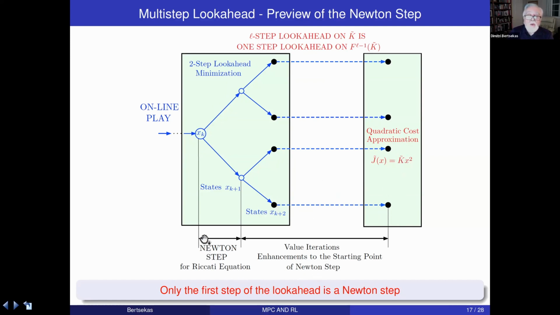Now, the Newton step is just this first stage of look ahead, acting on the remainder, which includes a value iteration corresponding to the second look ahead step. It is only the first step of the look ahead that's the Newton step. The remainder helps to modify the cost function approximation at the end.